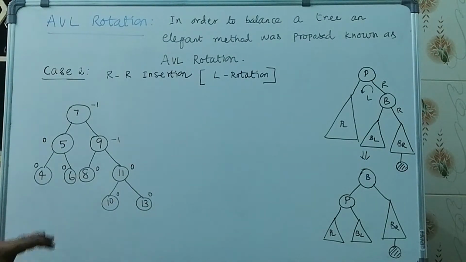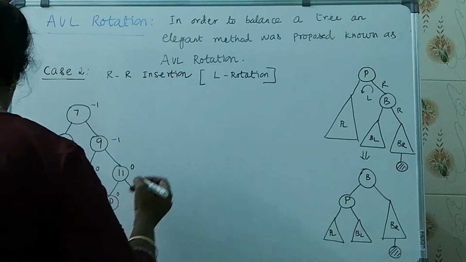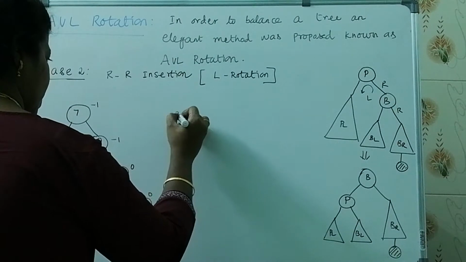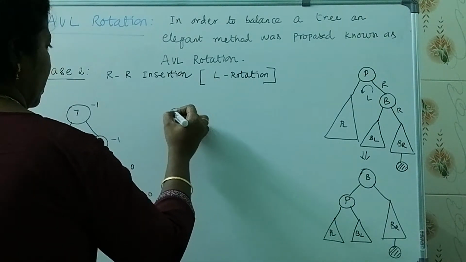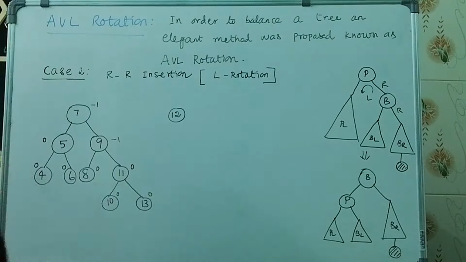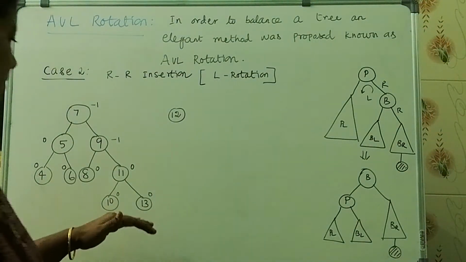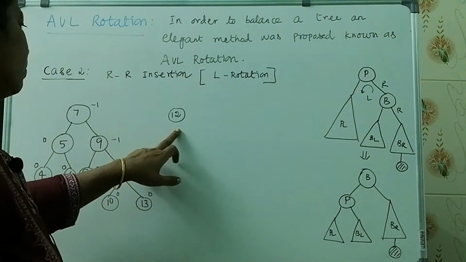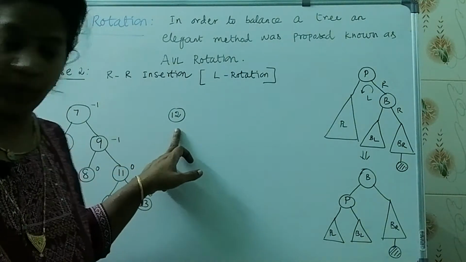Okay, now let us take one node insertion. Let's say I want to insert a node whose value is 12. Okay, now the first procedure is that we have to figure out where the 12 has to go.